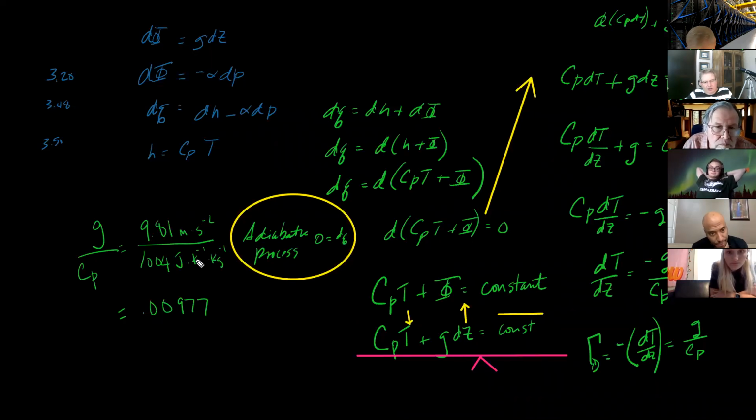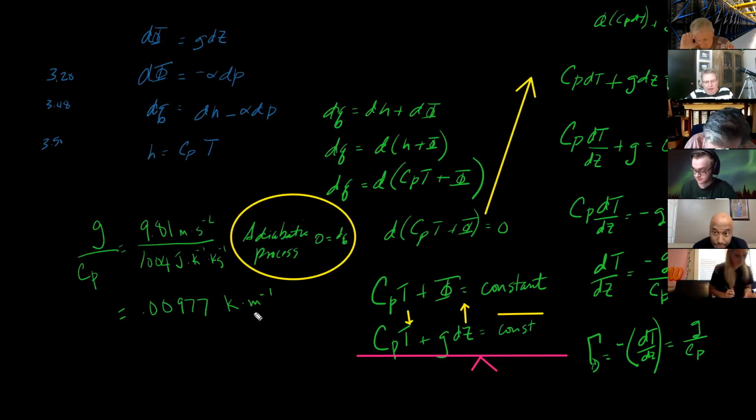The negative kelvins go up on top. I have a meter per second squared in the top and the bottom. So this should be Kelvin per meter, because this is a Newton meter, and a Newton's got a meter in it, so that goes away, but the extra meter, I don't want that.